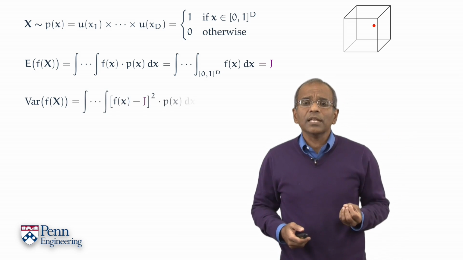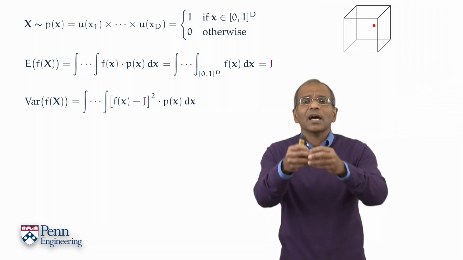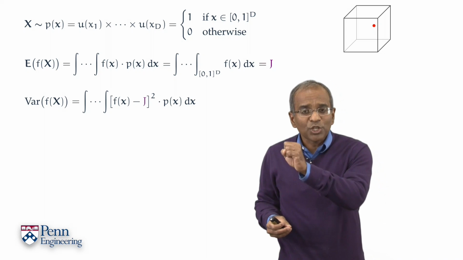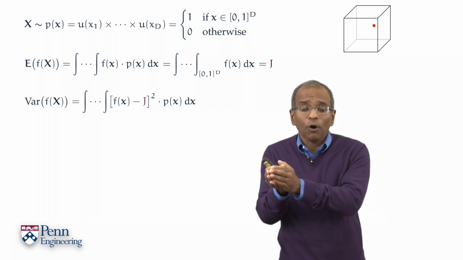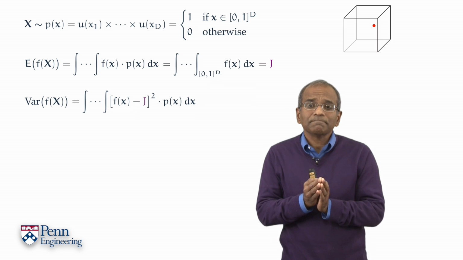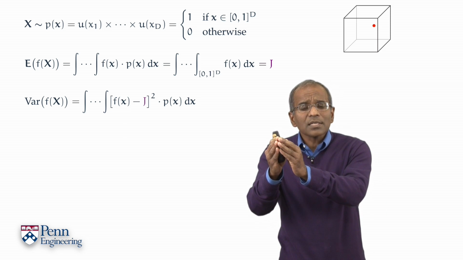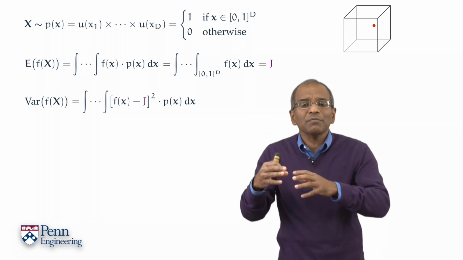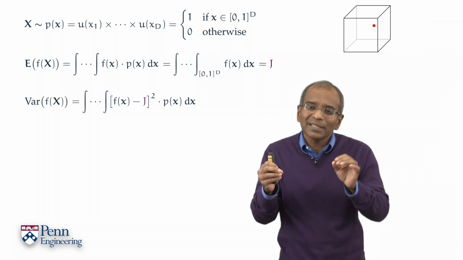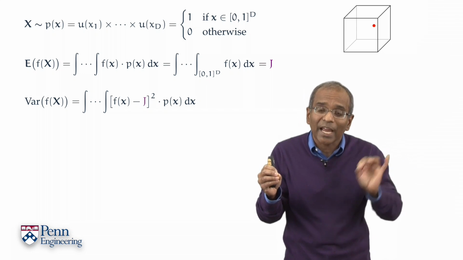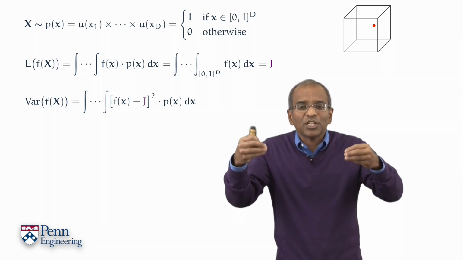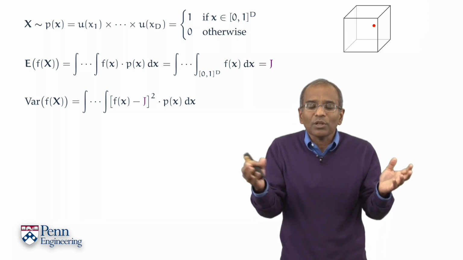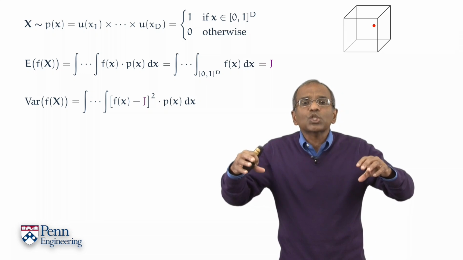Pick a point, little boldface x, inside the unit cube, any point. Evaluate the function at that point. That's f of x. Ask how far is f of x from the expectation we've just computed, which is that fixed but unknown J. In other words, look at f of x minus J, and naturally enough, since I don't care whether you're on the right or left of J, we're going to look at the square of this.